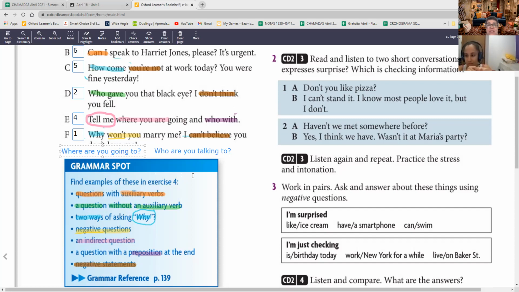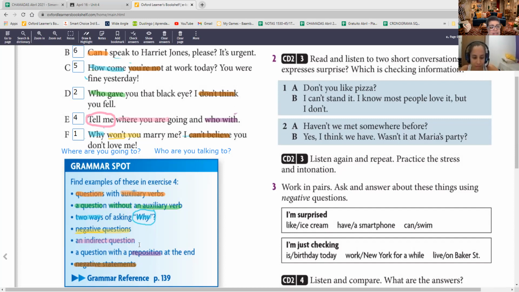Where are you going to? That's the context I was trying to elaborate. So, verbs that take a preposition, when I use them in a question and I want to find the answer, then the preposition comes at the end.